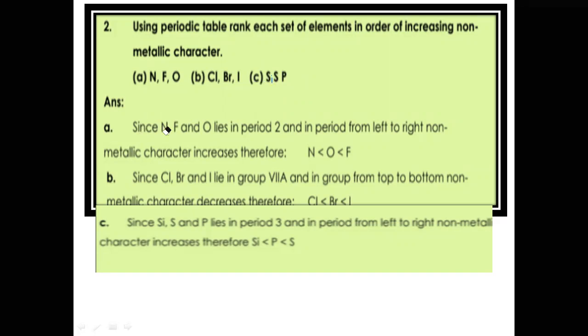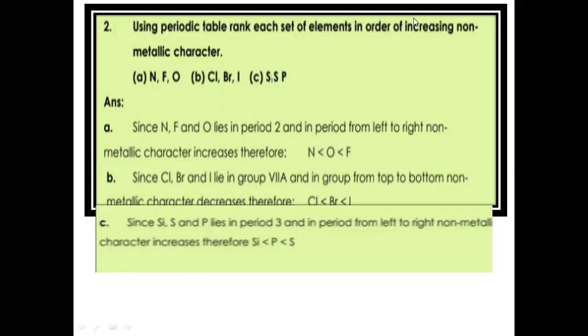Since silicon, sulfur, and phosphorus lie in the same period, period number 3, the non-metallic character increases from left to right. Therefore, the group 6 element, sulfur, will have more non-metallic character than the group 5 element, phosphorus, and the group 5 element has more non-metallic character than the group 4A element of the periodic table.